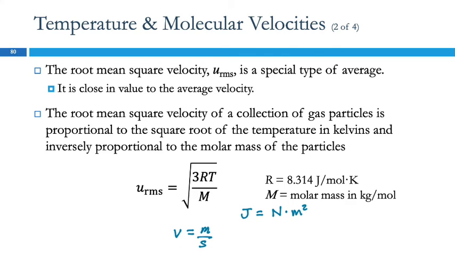So then we've got this kilograms per mole. What's going to happen here in the units is on the top we've got joules per mole Kelvin, times Kelvin. And then in the denominator we've got kilograms per mole. So the kelvins cancel each other, and the moles cancel each other, and we end up with a joule per kilogram.